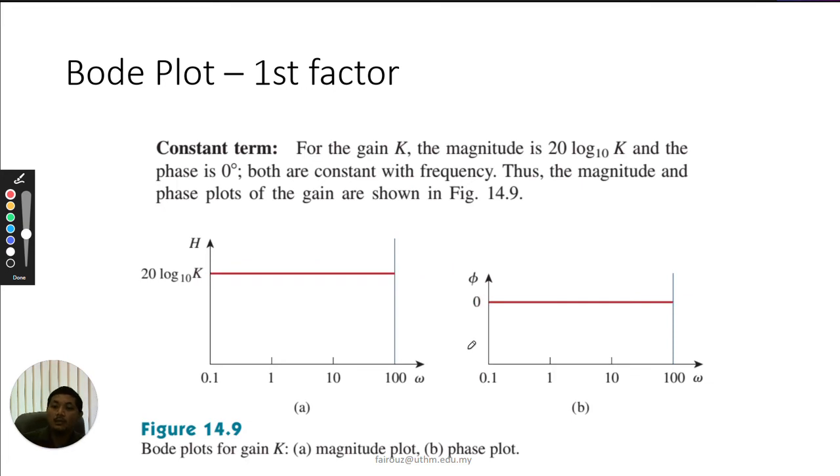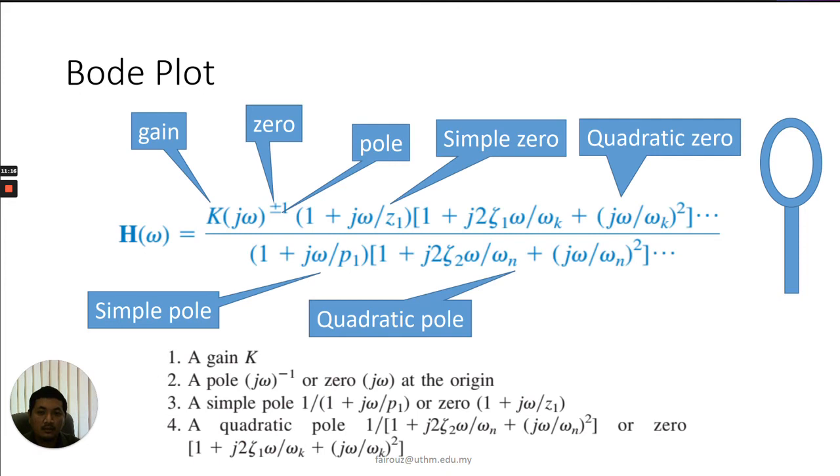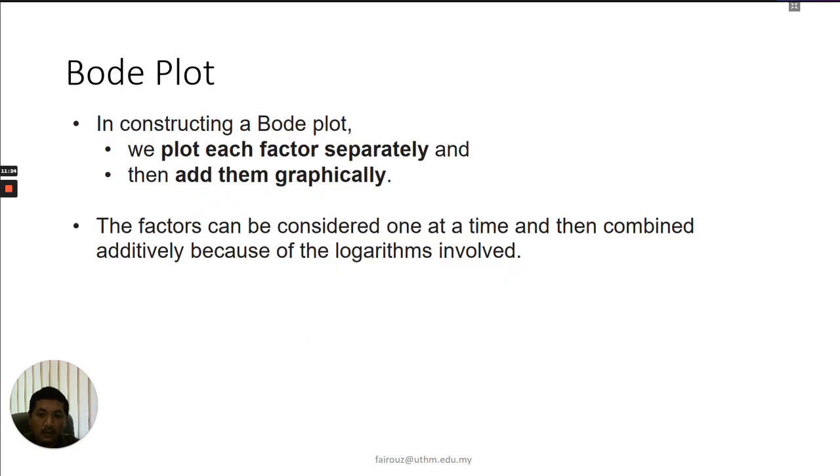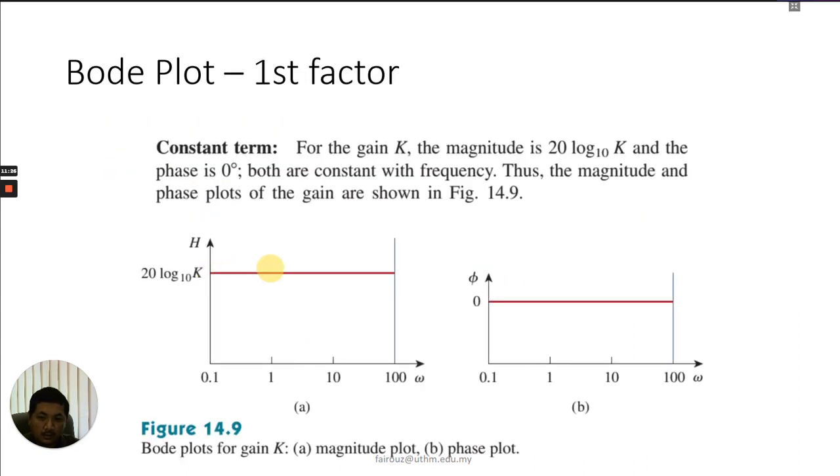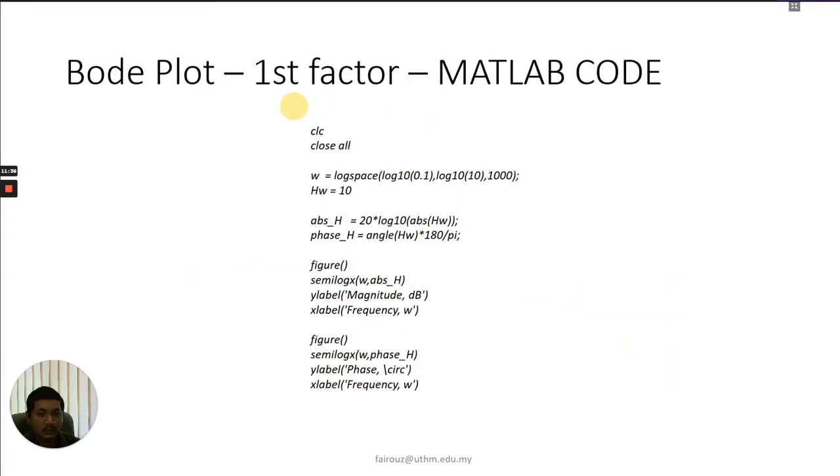So that is how you plot the first vector, which is gain. Depending on the value of the gain, you can plot the magnitude plot and phase plot of the vector k.